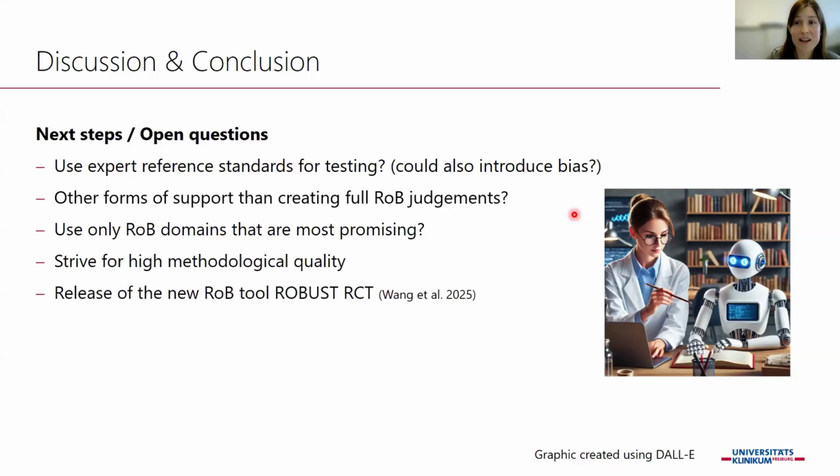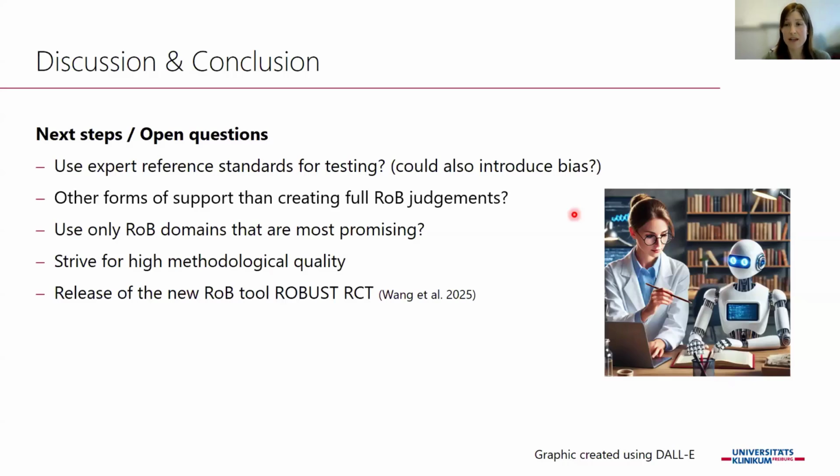One last mention: you may have noted that a new risk of bias tool has been released, called RoB-ust RCT, and it is said to be much easier to apply.